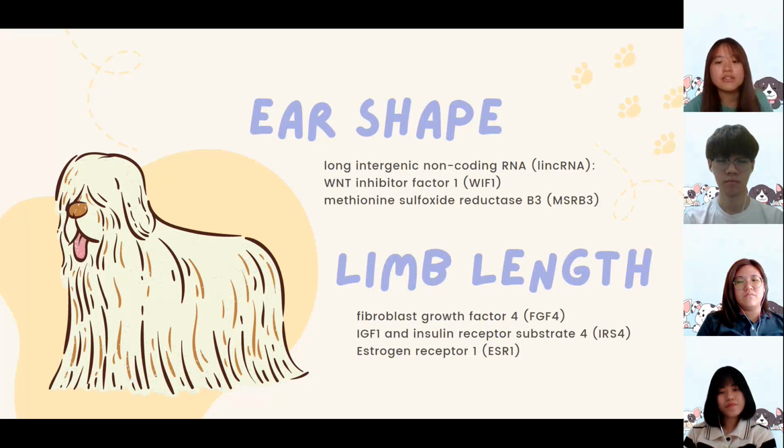Scientists also found that the FGF4 retrogene can cause the growth plate in the long bones to close prematurely. This results in the observed disproportionate dwarfism phenotype.